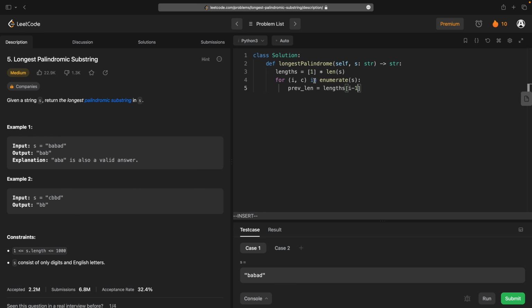In fact, what we want to do here is effectively if i equals 0, continue. No, let's not handle that special case. No, let's handle that special case. Right.